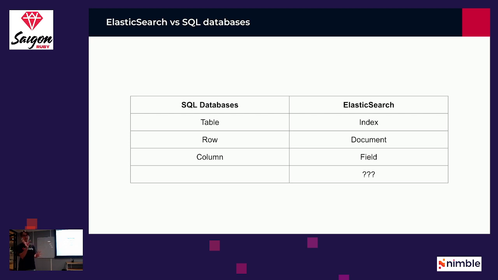So index is sort of like a table. A table is a collection of rows, and the equivalent is the document, so an index is a collection of documents. If you used a database like MongoDB before, you might be familiar with the term document. And then a row is made of columns, so there are multiple columns, and a document is also made up of multiple fields. And there's actually a hidden level here. I'm going to get to it later.